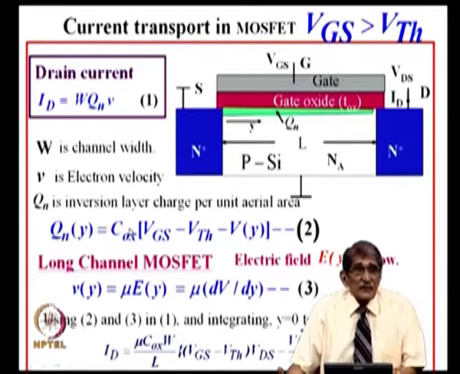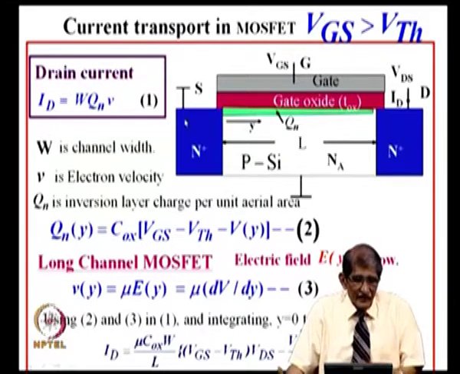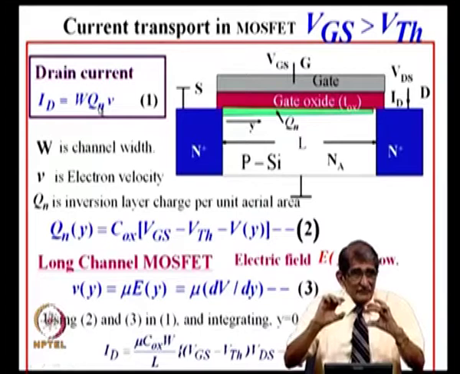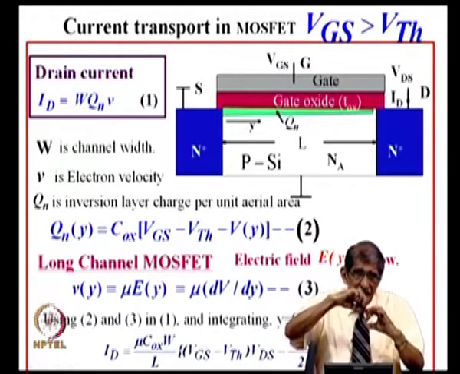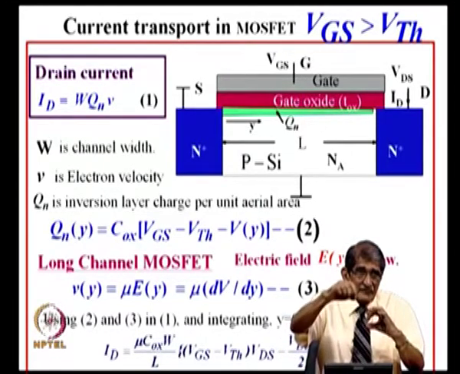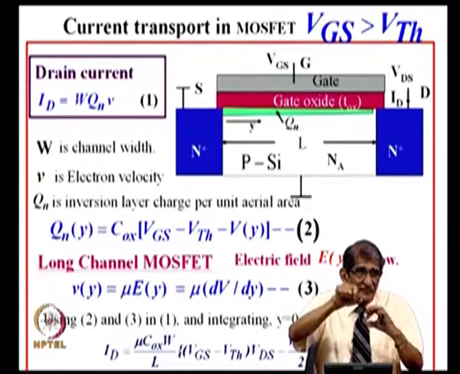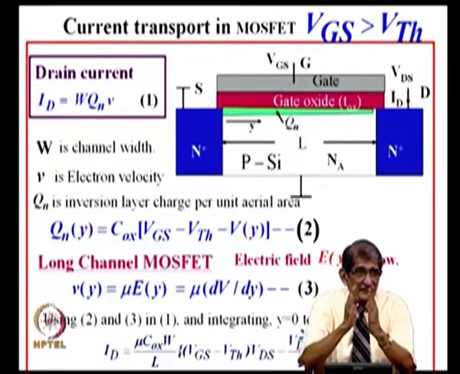Why are we looking at this Q and velocity? The drain current is given by this expression, because Qn is a charge per centimeter square here at any y, and that is actually a charge sheet. If I multiply by W and dx, that is the total charge available in d of x.